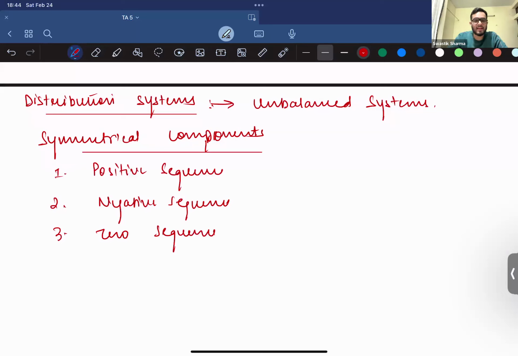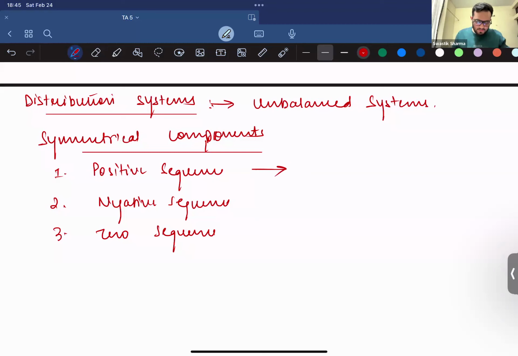Generally these positive, negative, and zero sequence components tell you about your system: if they exist, that means your voltage and current are unbalanced in nature. So what is this positive sequence?